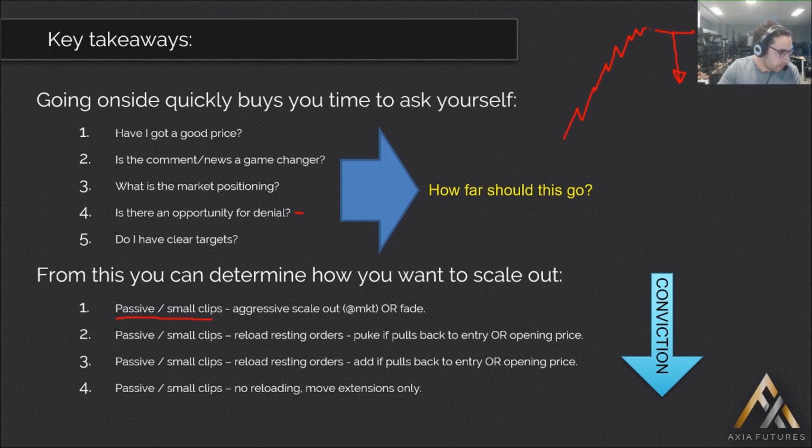However, in the first instance, if it's low conviction and I've maybe only answered one of these positively, then I'm going to look to scale out aggressively at market, because when you're wrong, these moves reverse.